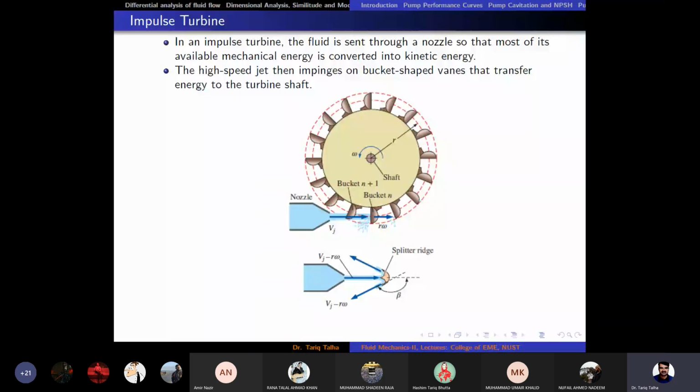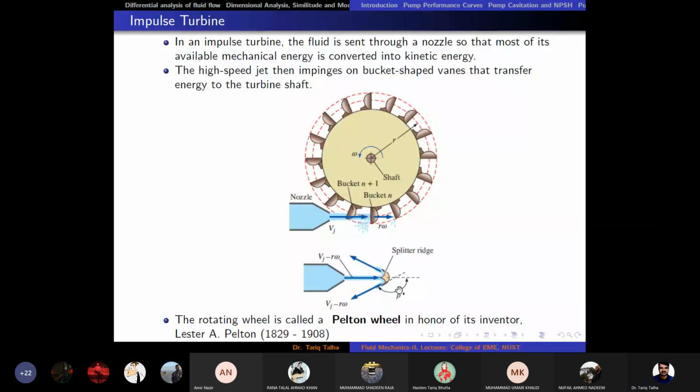As we discussed, ideally it should be 180 degrees, but it cannot be, because if it is 180, it is going to strike the incoming jet, and there wouldn't be a very efficient mechanism for power extraction. So that's why the beta value, which is the angle shown here, is usually in the range of 150 to 165 degrees, right?